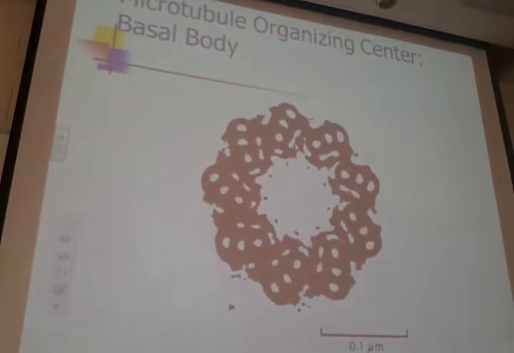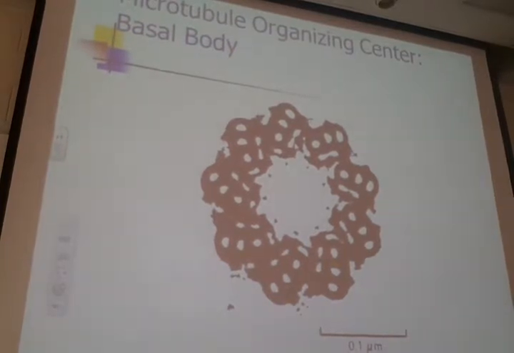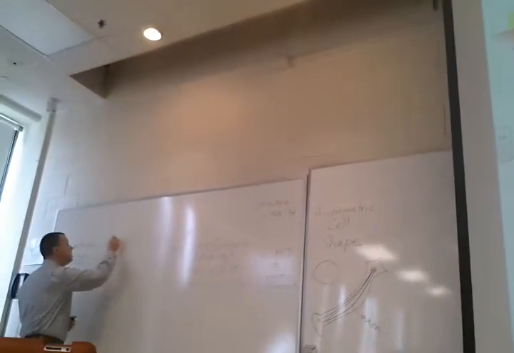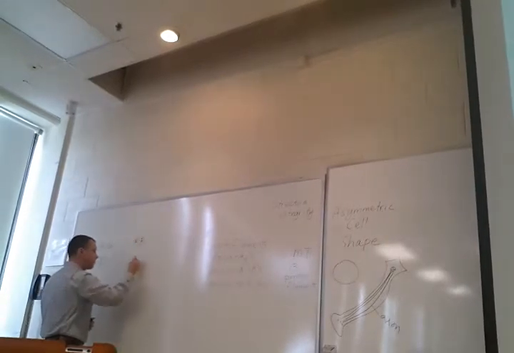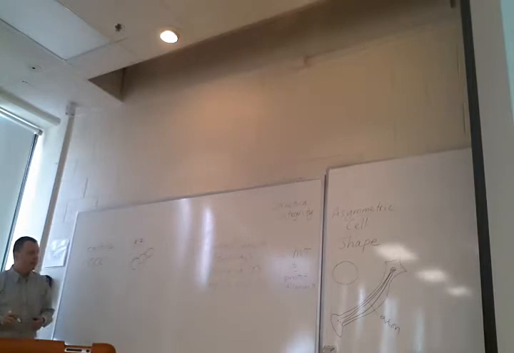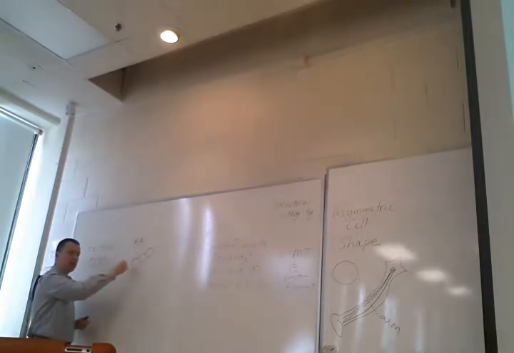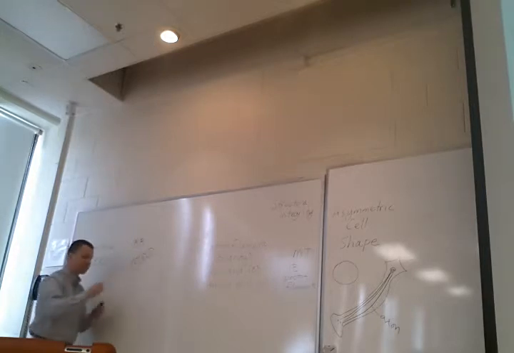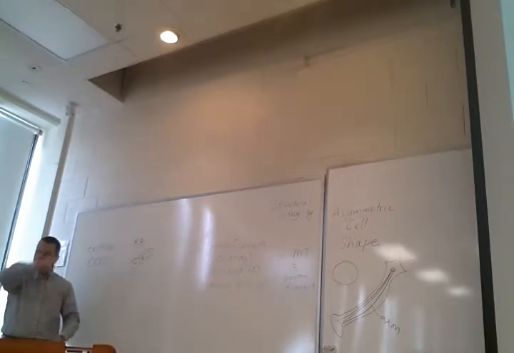So in centrioles, it appears that you have 3 complete microtubules that are just stuck together. In a basal body, it's more like that, where you have 1 complete one, and then the next 2, so these are usually lettered A, B, and C. So the A one is complete.